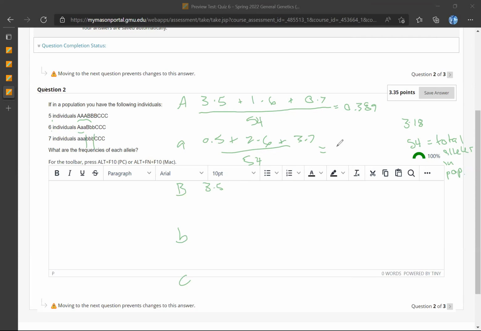Someone said 0.661. Wait, no, that'd be 0.389 or 1 minus 0.389. Is that right? Interesting. We can explore that later.